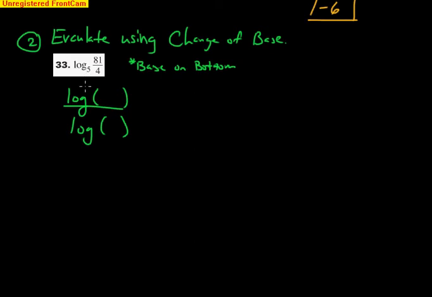So if you look at this log, the 5 is the base, so the 5 goes on the bottom. That means the 81/4 goes in the top. And when you do this, don't forget your parentheses. We do log of 81 over 4 divided by log of 5.